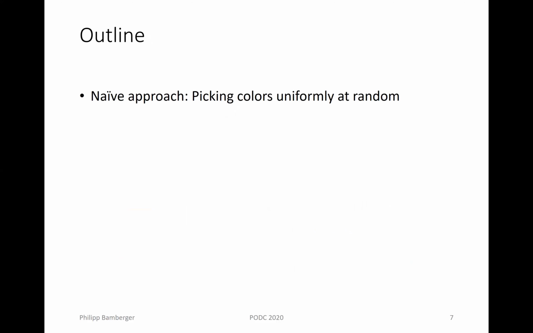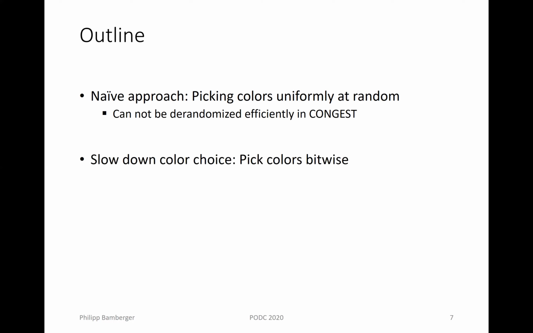I will first explain how to apply this technique to the naive approach of just choosing colors uniformly at random for each node. We will see that this process cannot be de-randomized efficiently in CONGEST. But if we slow down the color choice process by fixing colors bit by bit, we obtain a logarithmic overhead in the runtime, but can compute conditional expectations and therefore de-randomize efficiently in the CONGEST model.